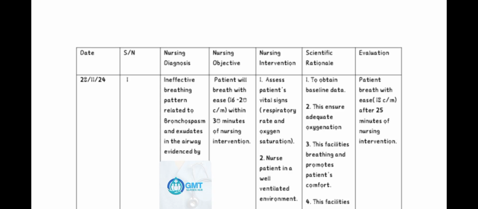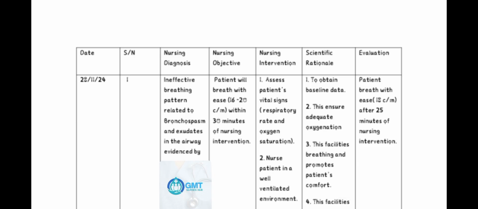It's because when it comes to your nursing diagnosis, you need the knowledge of anatomy and physiology and also med surg to know what is going on with the patient, because your nursing diagnosis can be deduced from your pathophysiology, which is the signs and symptoms.